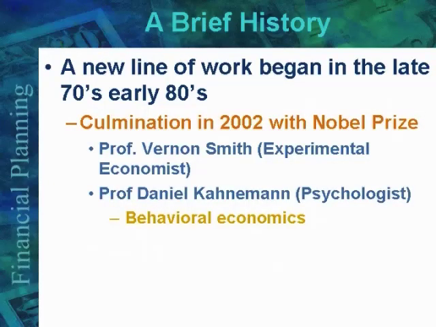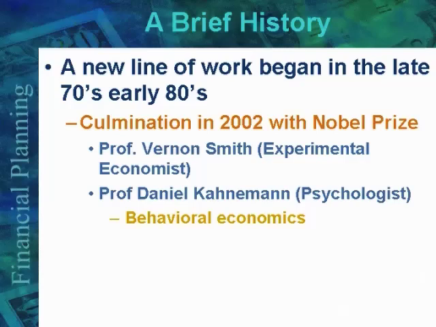But sometime in the 70s, a new line of work began in the field, both in the field of economics and, interestingly, in the field of psychology, financial psychology, and it culminated in 2002 with the Nobel Prize being shared by two professors. One was Professor Vernon Smith, and he's an experimental economist.